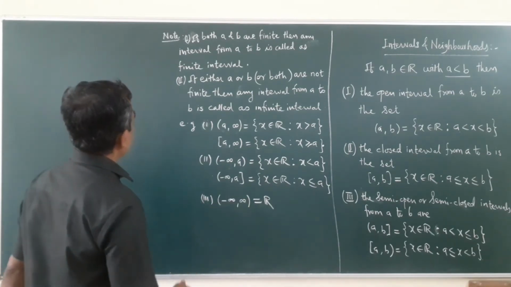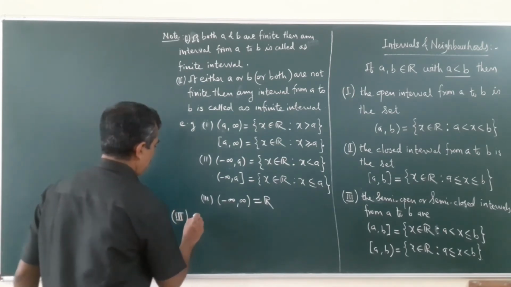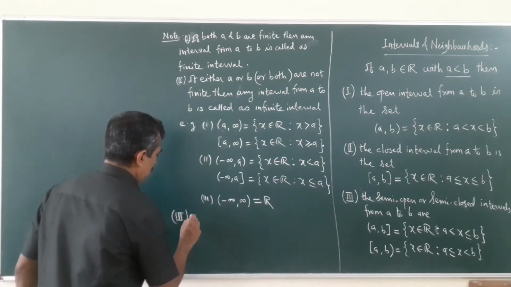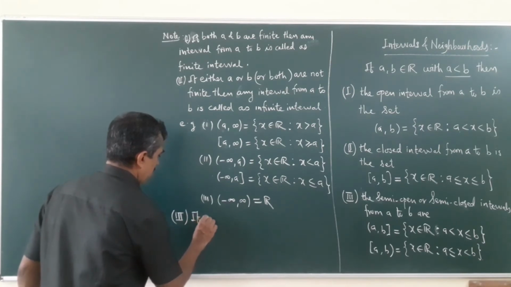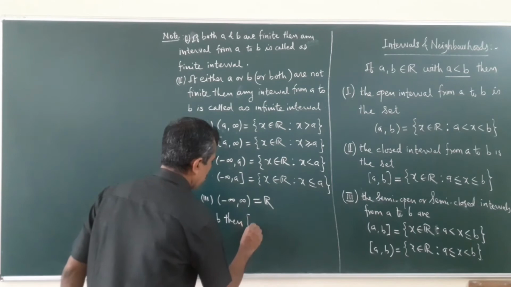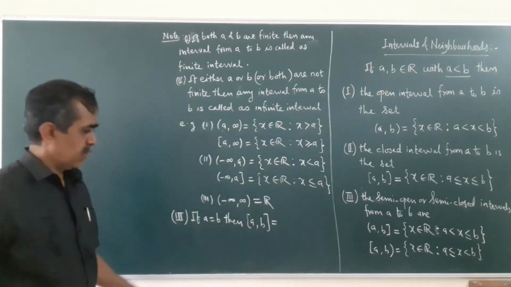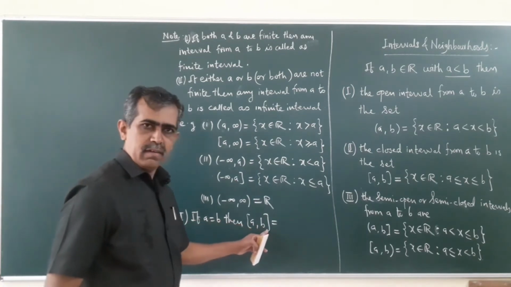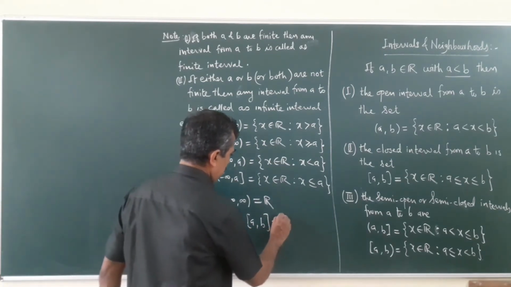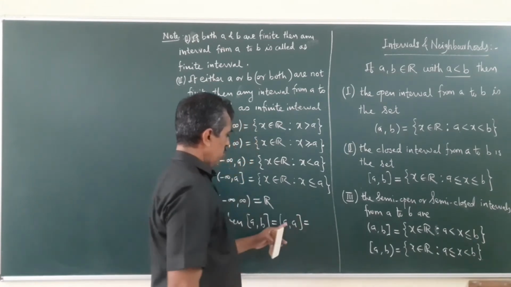Okay. Note number 3. Tell me, if A is equal to B, then what about this? The closed interval [A, B] is equal to the closed interval [A, A].